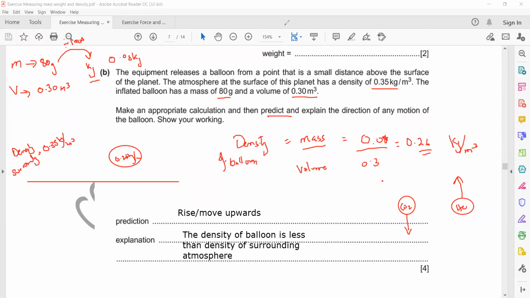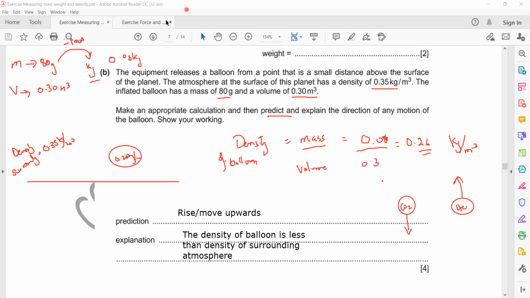Look, what happened in the question, they mentioned that there is equipment, as shown in the previous part, that releases a balloon. So a balloon is released a small distance above the surface of the planet. The atmosphere at the surface of this planet has a density of 0.35.